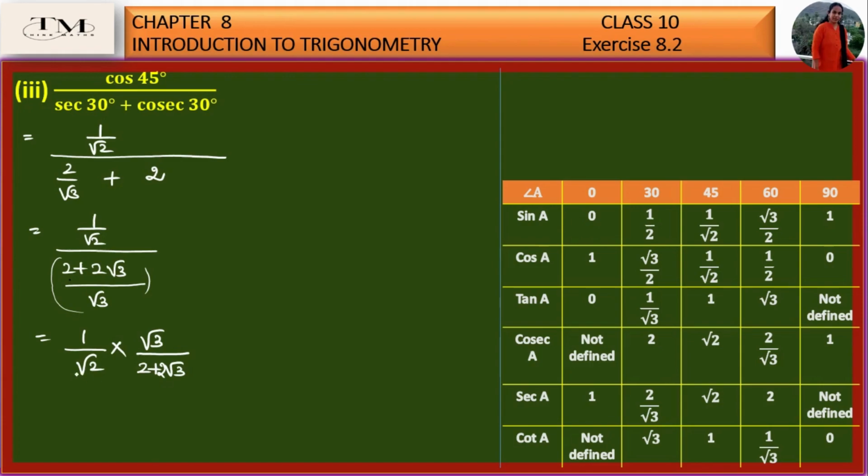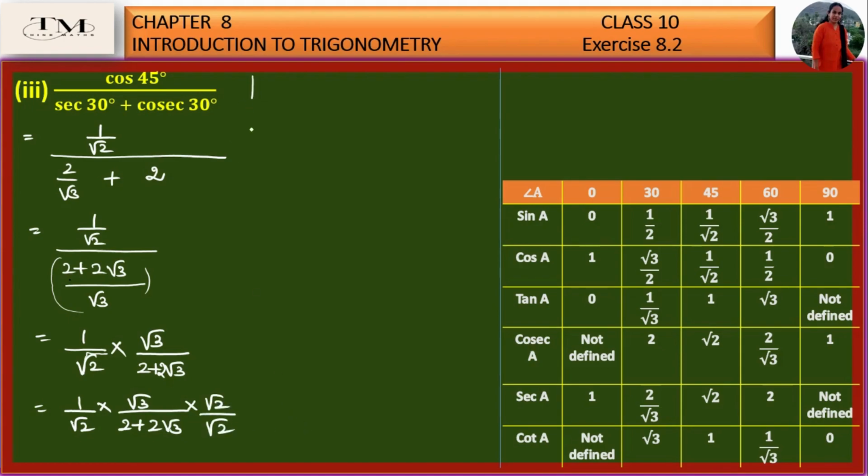Now we have to avoid the square roots in the denominator. So first we are going to avoid this square root. In order to avoid this square root, we have to multiply by root 2 on numerator and denominator so that nothing will change. So 1 by root 2 into root 3 by 2 plus 2 root 3. I am going to multiply by root 2 on numerator and denominator.